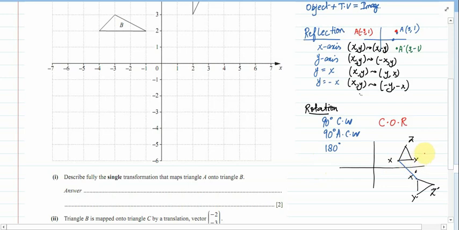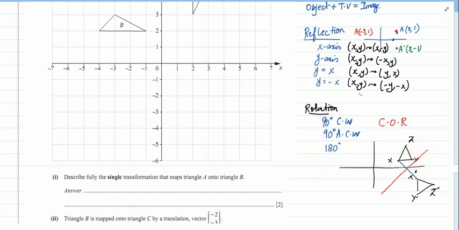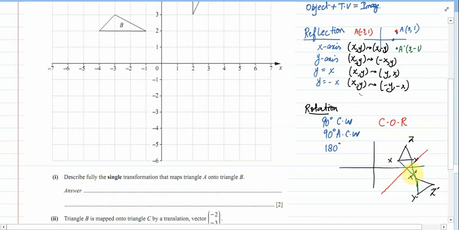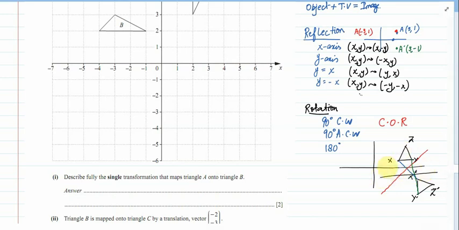We discussed in locus how to draw the perpendicular bisector. That is your first important line. Similarly, I will join y and y dash and draw the bisector of y and y dash. That will be like this, right? The point where these two bisectors meet is your center of rotation. So that's how you find the center of rotation, right?